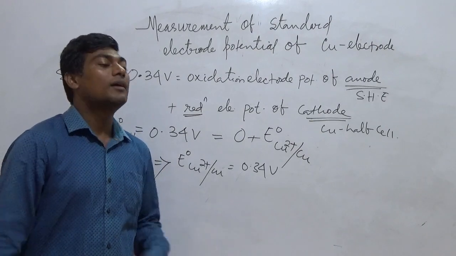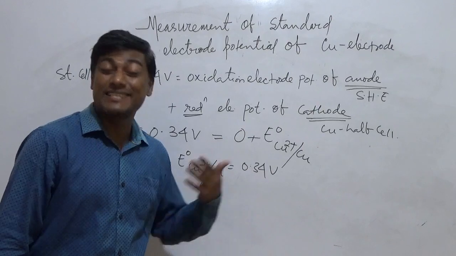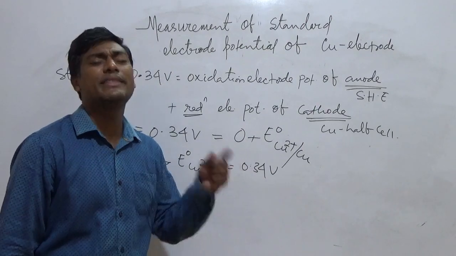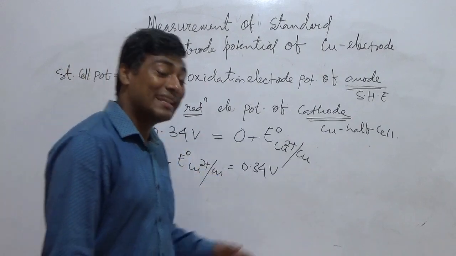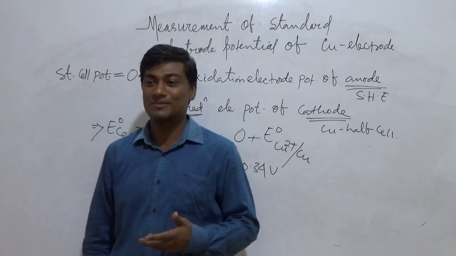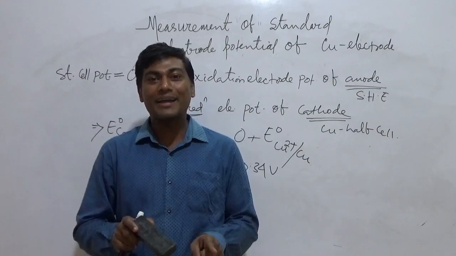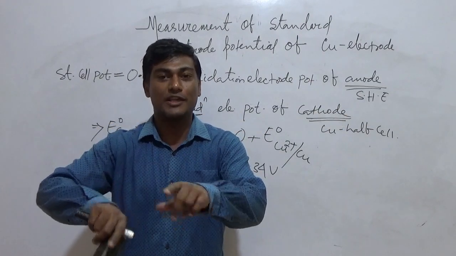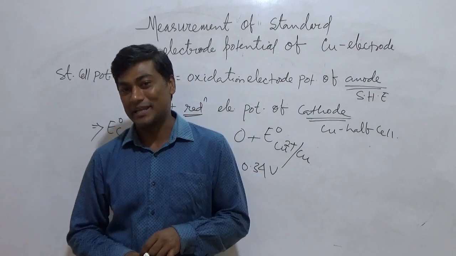Once you know the standard electrode potential of various electrodes by coupling them with this reference electrode, the standard hydrogen electrode, then you can measure the cell potential by coupling different electrodes. You may or may not couple them with the standard hydrogen electrode.